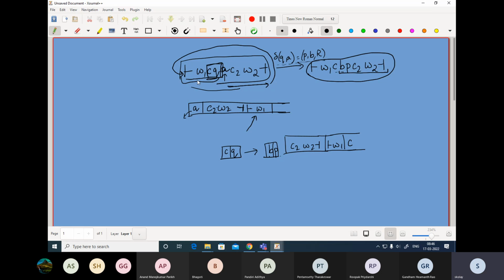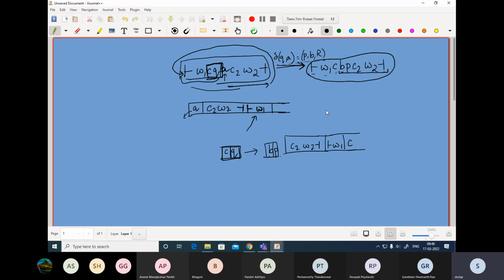So if you look at this configuration, the corresponding state in the queue is as follows. In my queue, I have A, C2, W2, right hand marker, followed by left hand marker W1. And this portion is remembered in my finite control or in my states. Now, when I make this kind of a transition, my configuration changes to left hand marker W1, C, B, P, C2, W2, right hand marker.